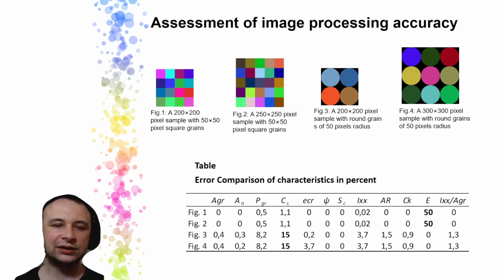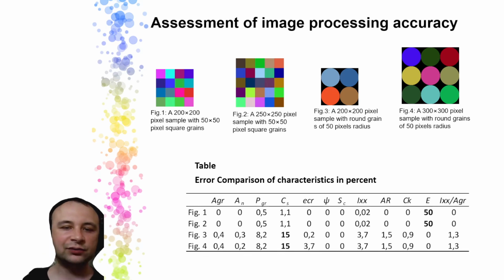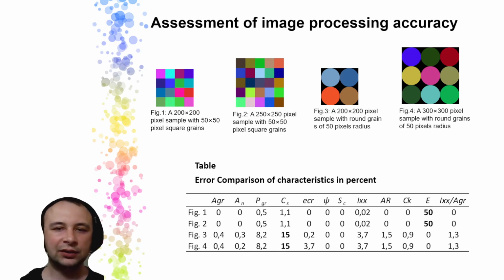You can see the error of estimation of such characteristics in the table on the bottom of this slide. The main problem that occurs is the characteristic which deals with calculating the perimeter of a circle. This characteristic leaves more than 15% error in estimation.